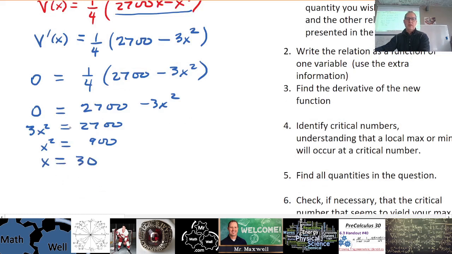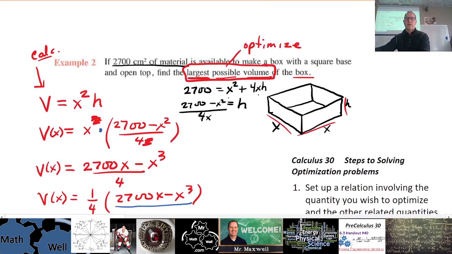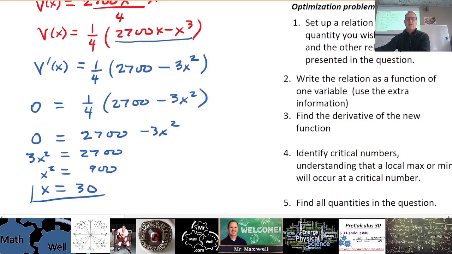Now, does that look good? 2700, 900, 30. Okay. So let's see if this might be a reasonable critical number here. So 30 times something might give us 30, yeah. Well, let's see. I don't know about that.